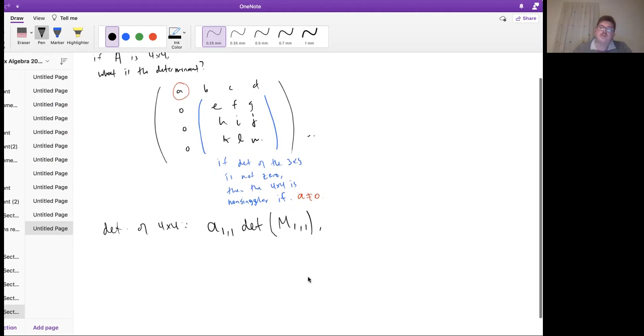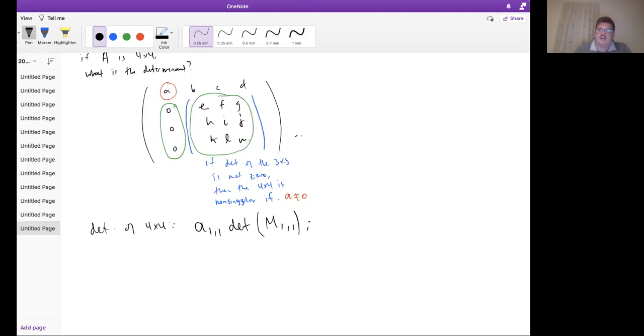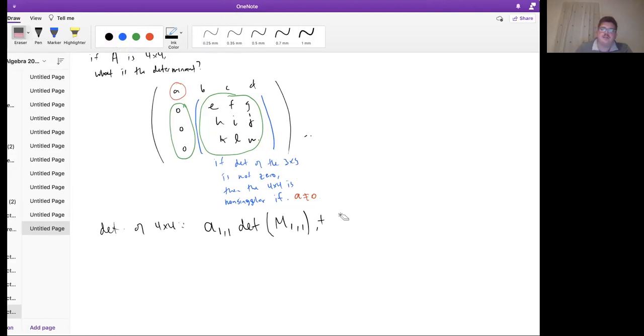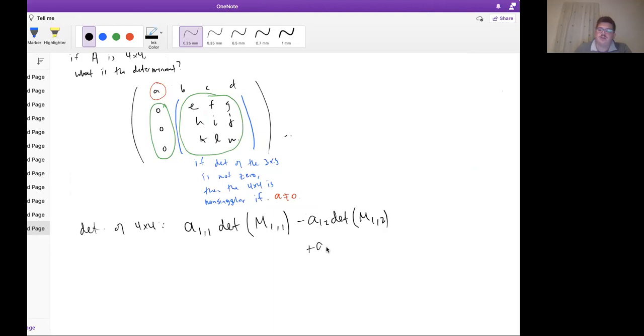Yeah. So now, why don't I care about these entries? Because it didn't matter, right? So why don't I just put them in anyway? And you tell me why it doesn't matter. For A12 determinant of M12, why does M12 not matter? Why is it okay if I put this in the formula?